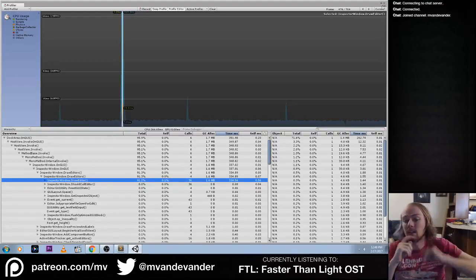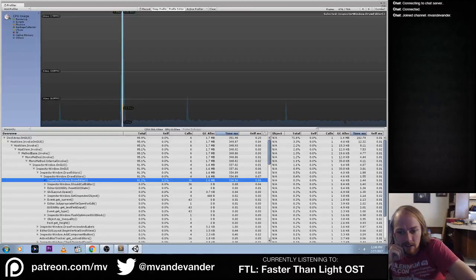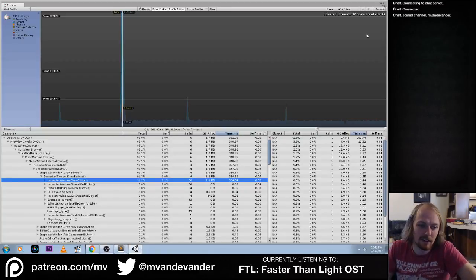This leads me to think, yeah, I really do need to set it up so I can do it through some other interface rather than the editor GUI, because there's just too much stuff in the call stack. I can't even get to what I need to look at.